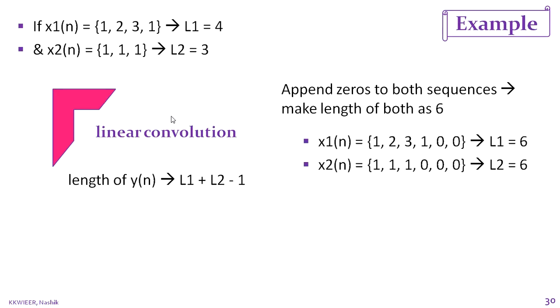Because the length of y of n in linear convolution will be L1 plus L2 minus 1. Your L1 is 4, L2 is 3, so 4 plus 3 is 7, minus 1 is 6. So we will make the length of both sequences 6. After appending zeros, L1 and L2 have both become 6.